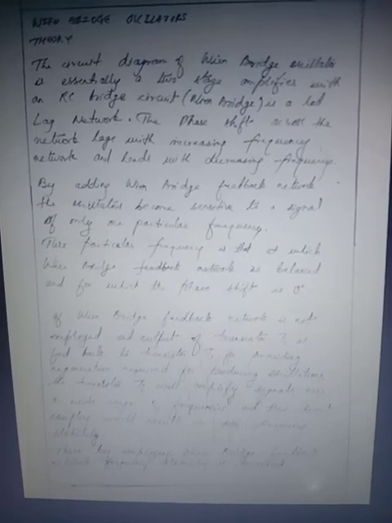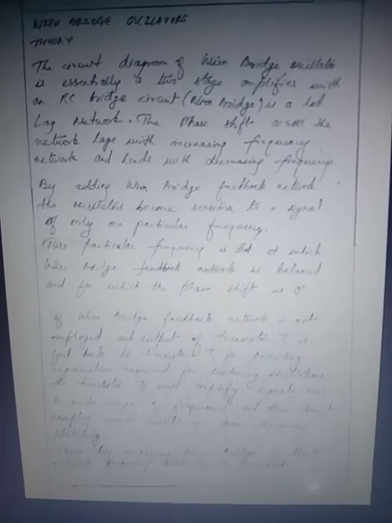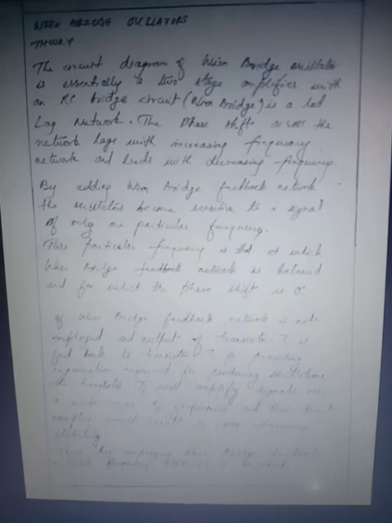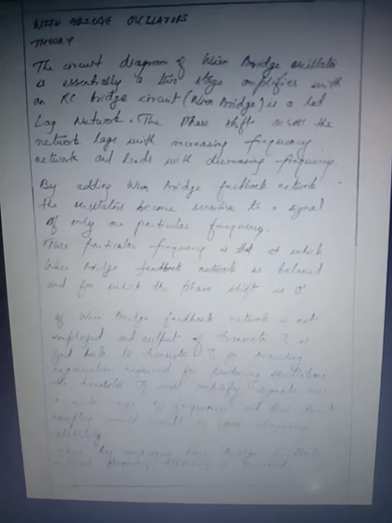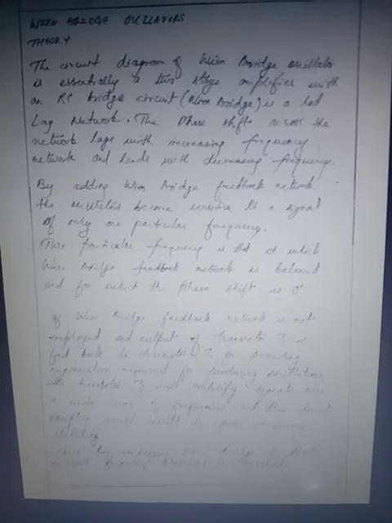By adding Wien Bridge feedback, the oscillator becomes sensitive to a signal of only one particular frequency. This particular frequency is that at which the Wien Bridge is balanced and for which the phase shift is 0 degrees.